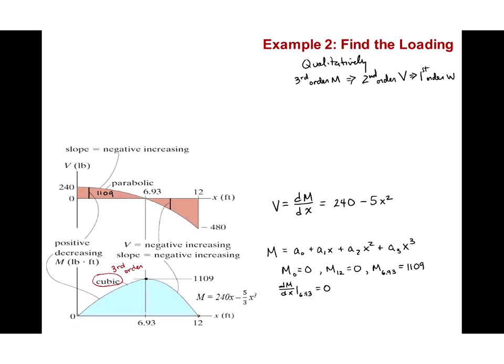And similarly, to the right of that point, M goes from 1109 back to 0, or in other words, it drops by 1109. So this area must be negative 1109. If we were to integrate this equation from 6.93 to 12, we would get negative 1109. And those two areas balance each other out in this case.